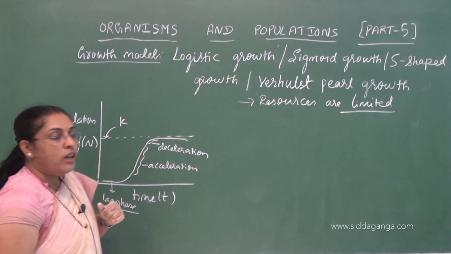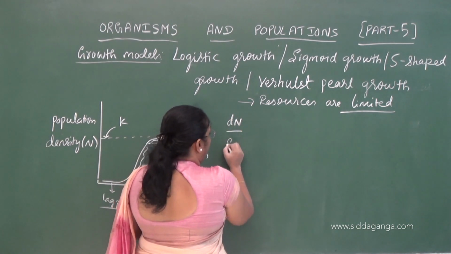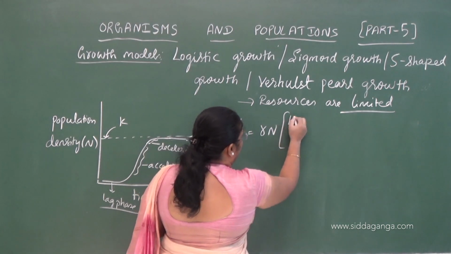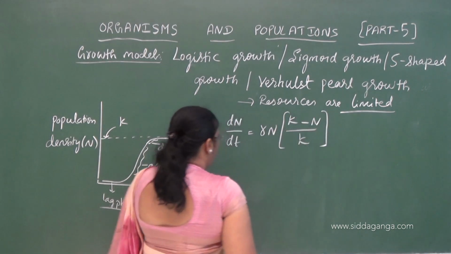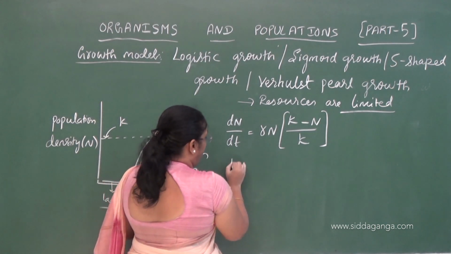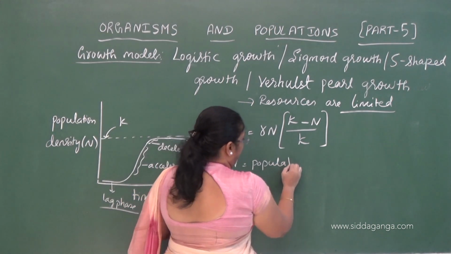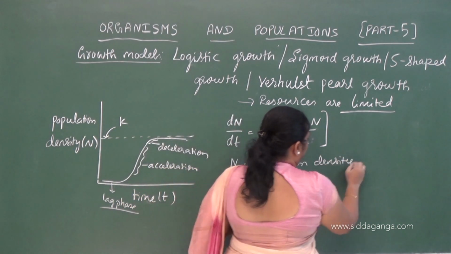So this growth model equation is denoted by dN by dt equals rN (K minus N) by K. Here N denotes population density at time t.